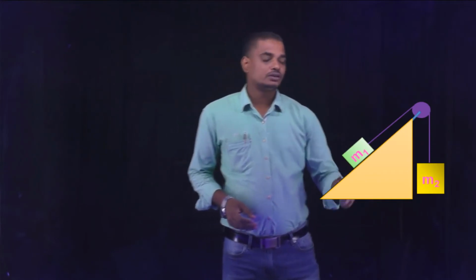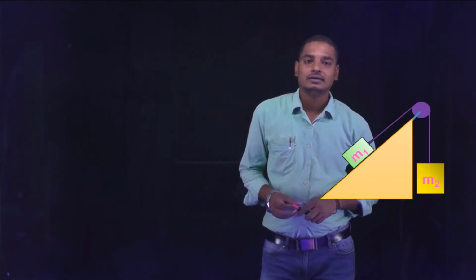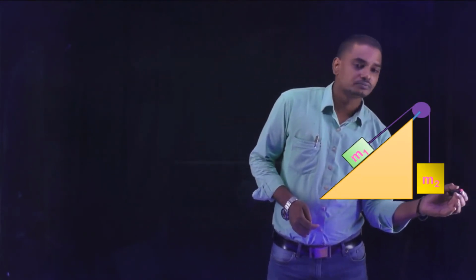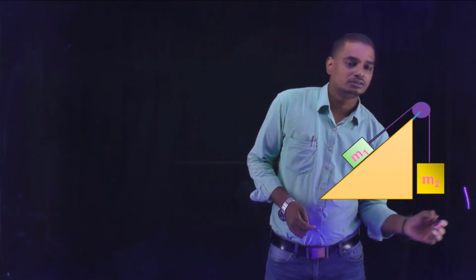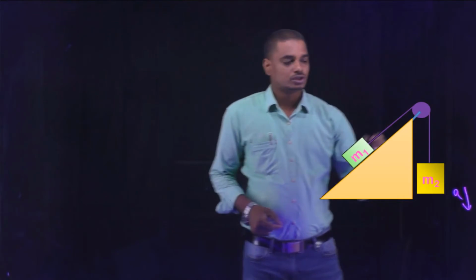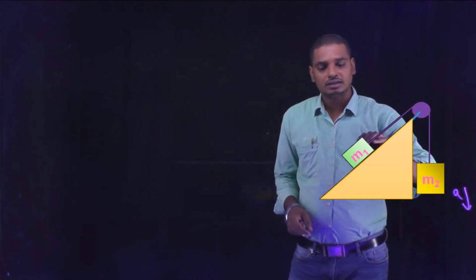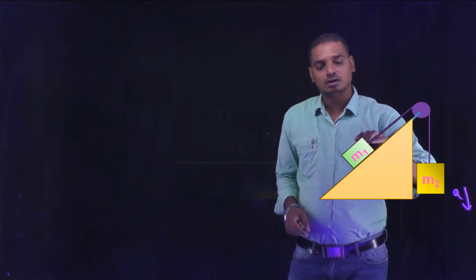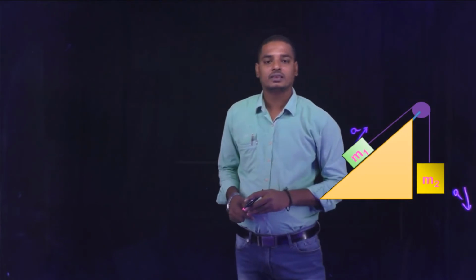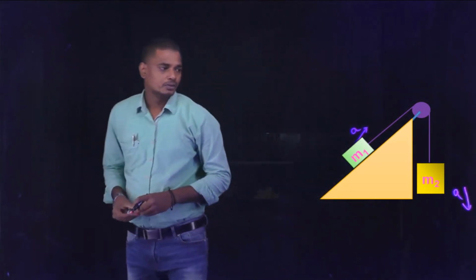If the mass m2 is greater than m1, then the block of mass m2 slides down with an acceleration a, so that the block of mass m1 is moving upwards. Let the acceleration of the block m1 also be a. So let us solve this problem.